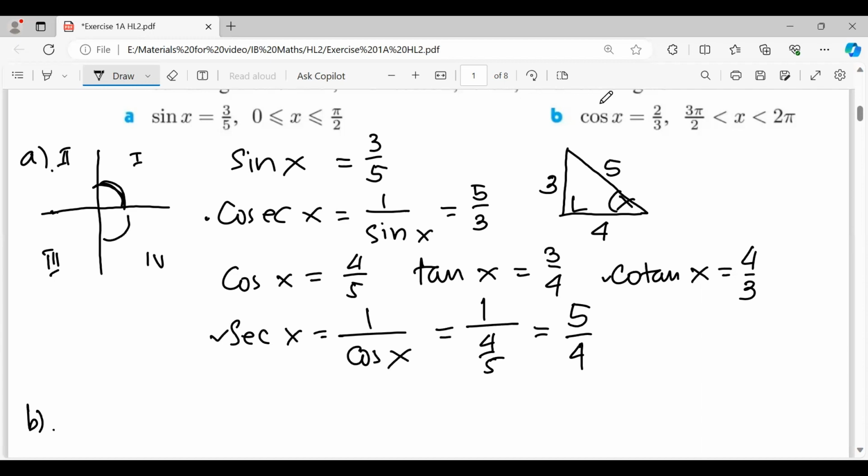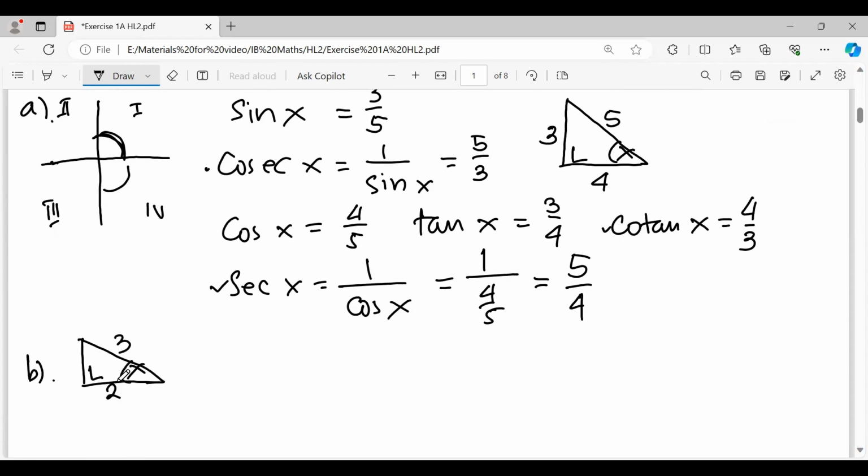So cosine x happens on this interval. If we sketch the triangle, cosine, it means if this is x, 2 here and 3 here.